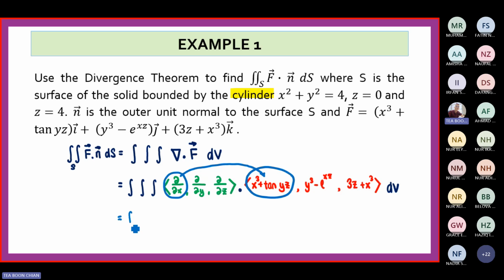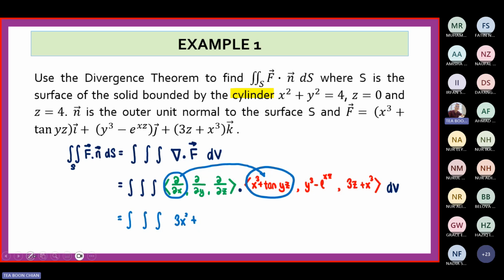Now you will notice that actually the structure will become simpler. Differentiate x to the power 3, you get 3x squared. Differentiate tan(yz), 0, because no variable x.